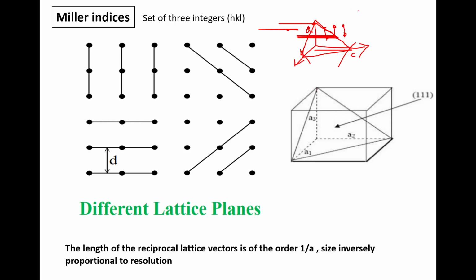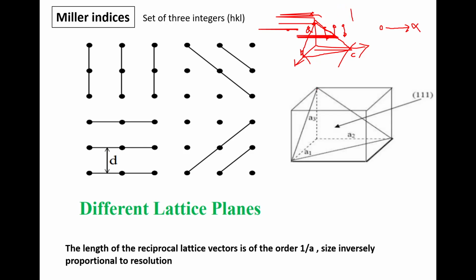So what is the advantage of these Miller indices? Remember what I said, that in a crystal, in real space, the difficulty is that this A value can go from 0 to infinity, right? But in Miller indices, you are taking a reciprocal, meaning wherever this intercept is, you are taking a reciprocal.